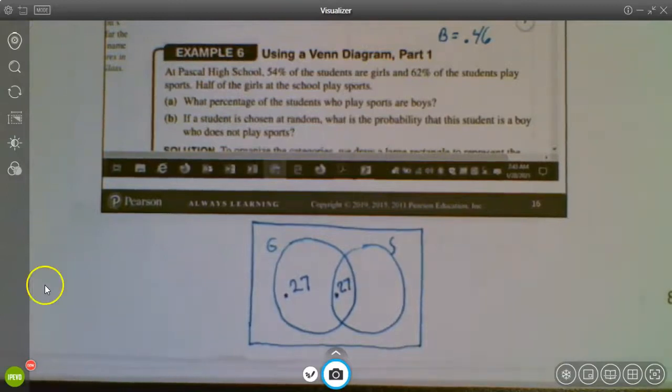So how many play sports? It says 62% of the students play sports. So that means this needs to total 62%. Again, we've already accounted for 27%. So if we subtract that from 62, that'll tell us the sports-only people.